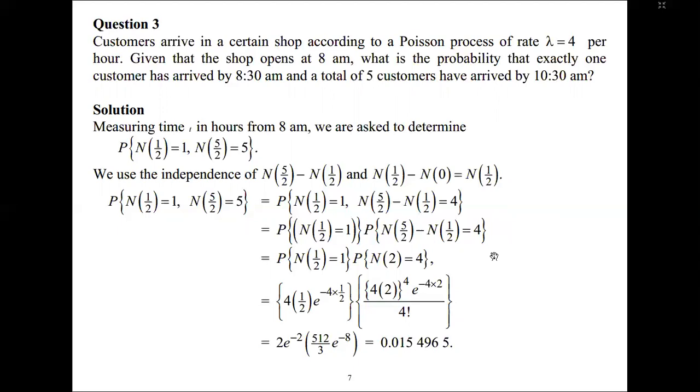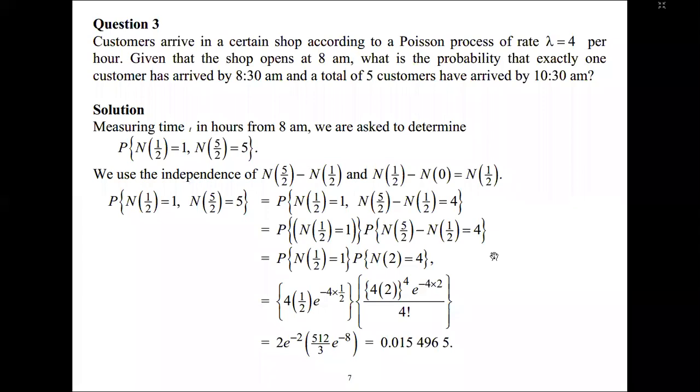It is expected, it's an average, an expectation. So how many customers do you expect in 2 hours? That would be 8 customers. We expect that in 2 hours, 8 customers will arrive.